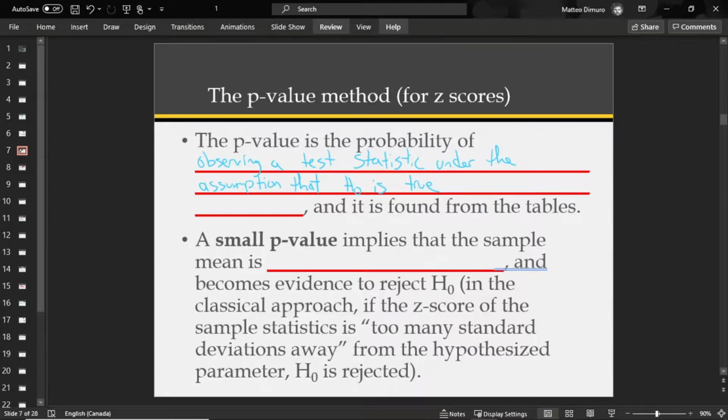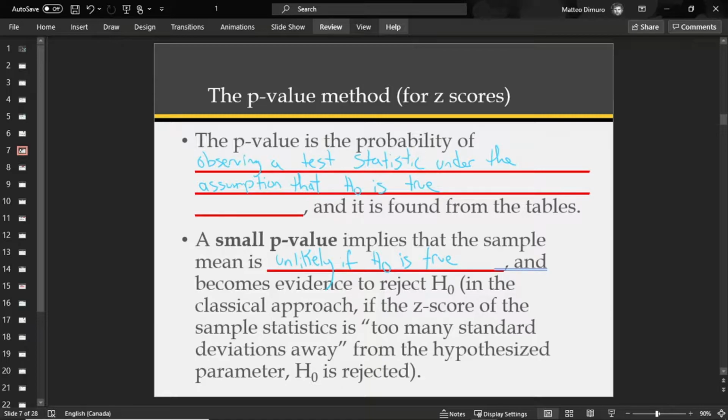A small p-value implies that the sample mean is unlikely if H0 is true, and becomes evidence to reject H0.